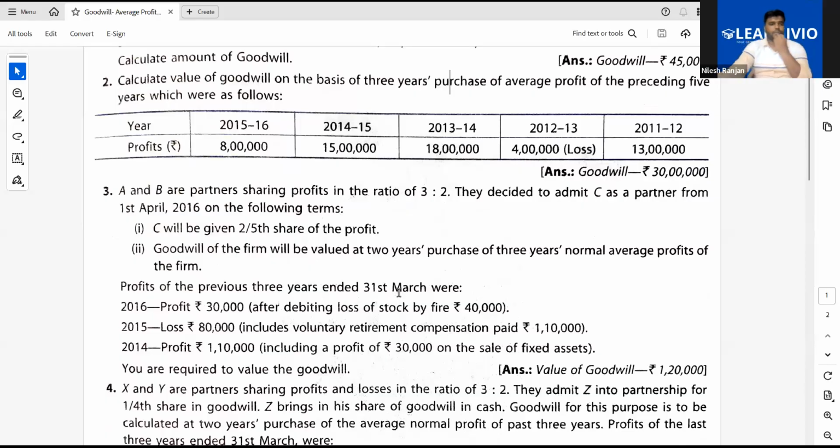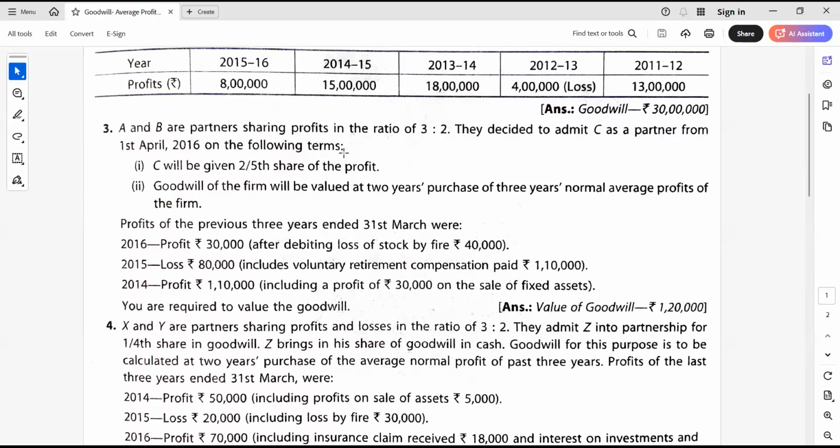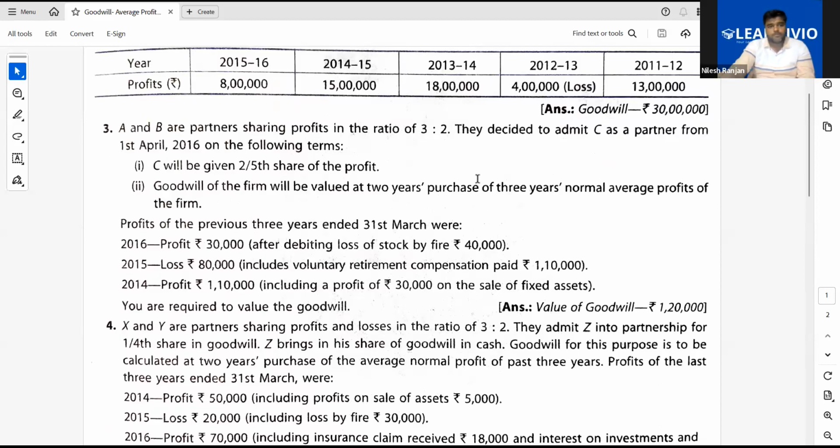Yes. Question number 3, you can see it is a little bit difficult. A and B are partners sharing profit in the ratio of 3:2. They decided to admit C as a partner from 1st April 2016 on the following terms. She will be given 2/5 share of the profit. Goodwill of the firm will be valued at 2 years purchase of 3 years normal average profit of the firm.